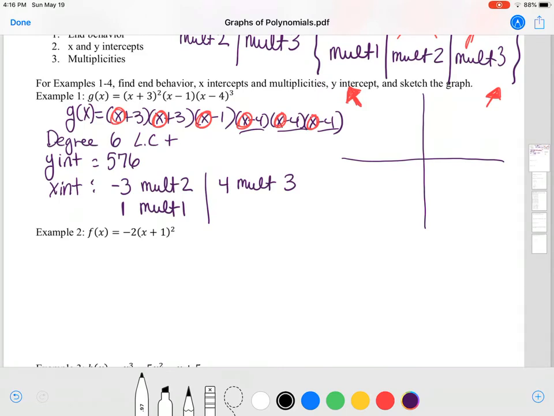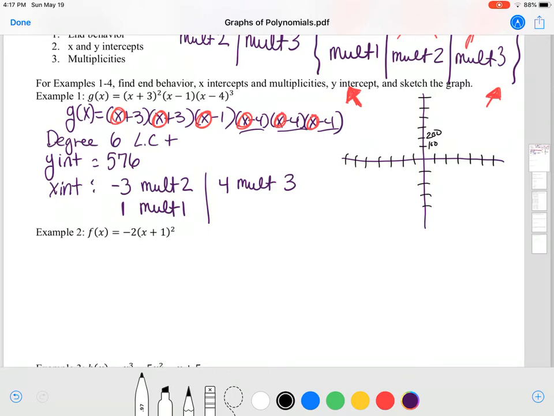Now on the x-axis, we don't have any unusually big numbers for x, so I'm just going to go by 1s on my x-axis. So my scale for x will be 1. My scale for y, though, because our y-intercept is going to cross at 576, I'm going to make sure that I go by 100s on my y-axis. 1, 2, 3, 4, 5, 6.